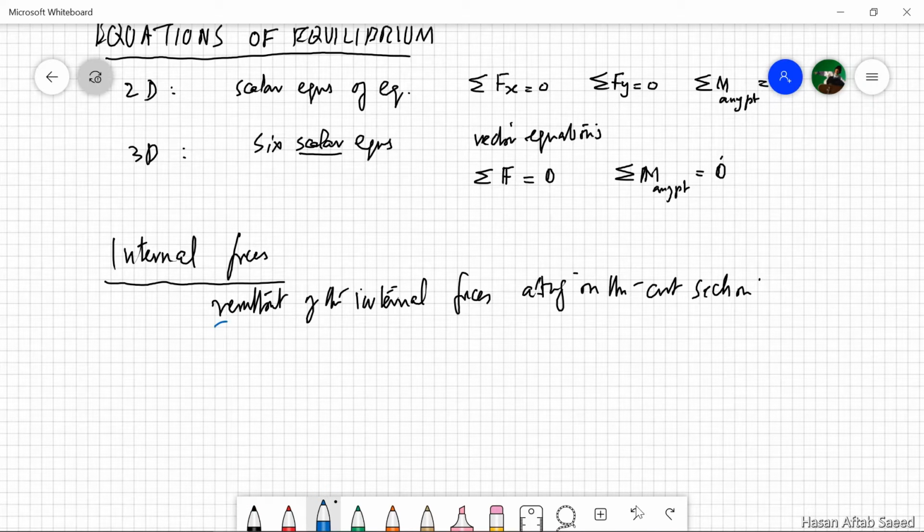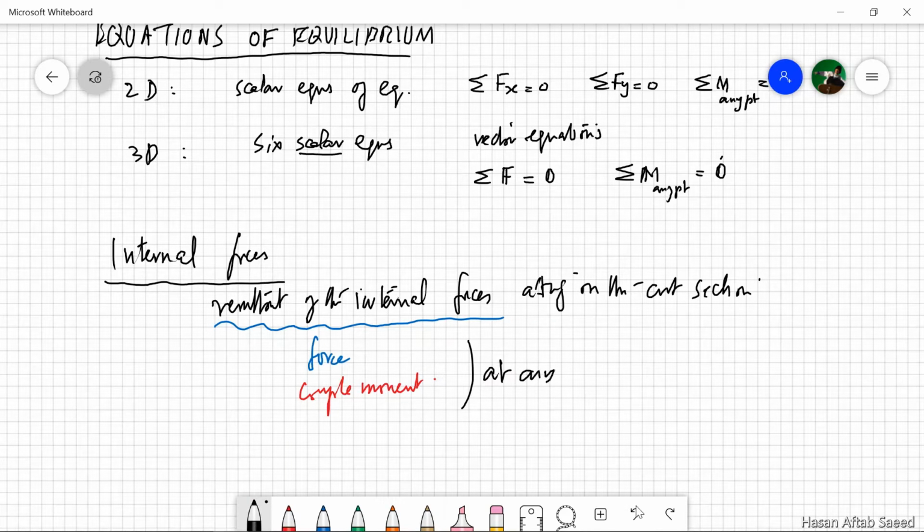Now, this internal force resultant generally takes the form of a force and a couple moment that can be calculated at any arbitrary point O on the section.